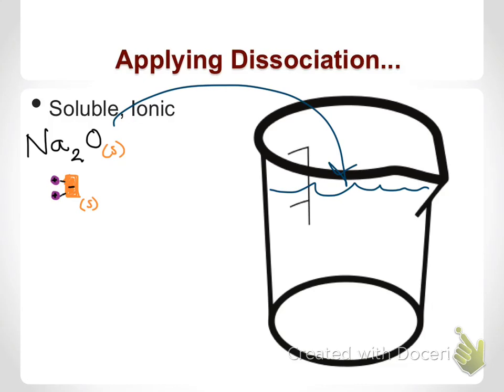So in it goes. And if this is a soluble ionic compound, it is going to dissociate. So in solution, what we're going to draw is all of those ions separated from each other. So we'll have 2 sodiums, separated from each other, and then we will also have our oxygen ion, that's a -2, and that will be separated.